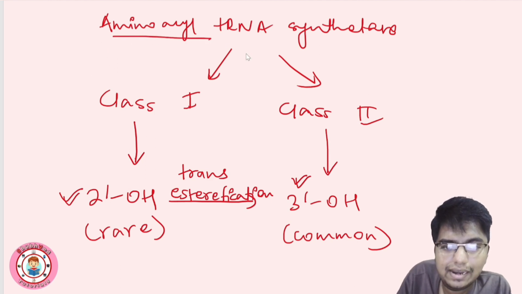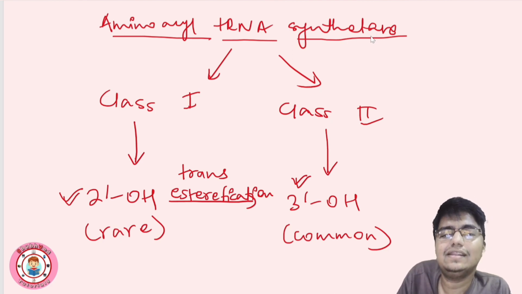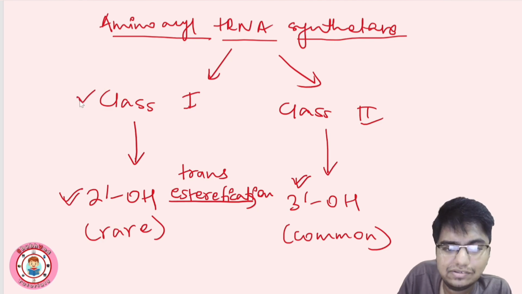Aminoacyl tRNA synthetase transfers the amino acid from the adenylated AMP to the tRNA, and the tRNA is called charged tRNA now. Aminoacyl tRNA synthetases are of 2 types, class 1 and class 2.